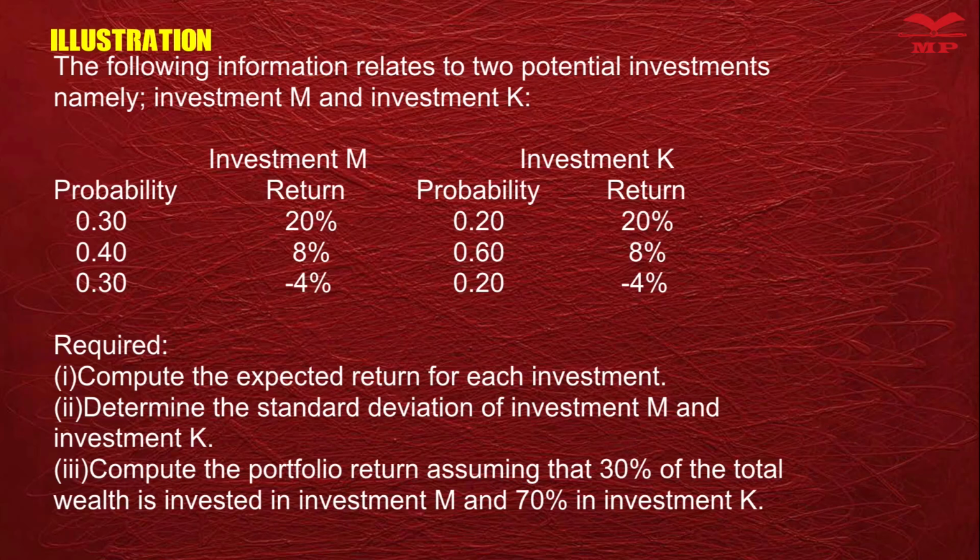Those represent the rate of return from an investment proposal. Then X bar is the expected return, which we've computed in Roman 1. Do you see that?